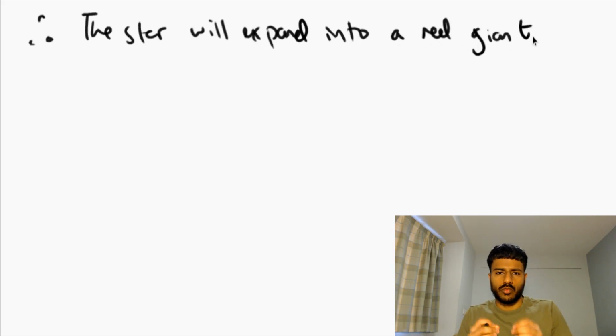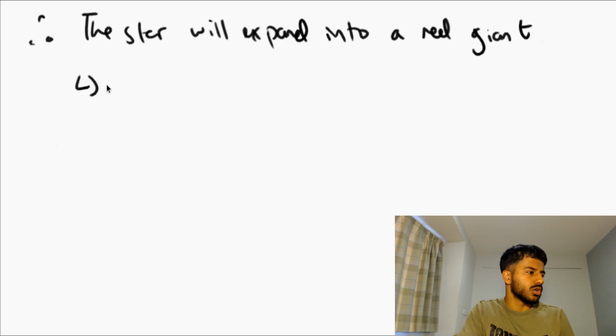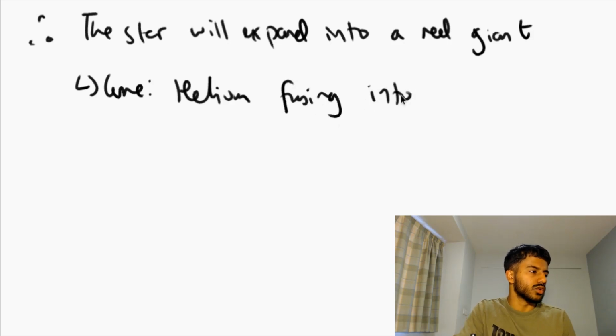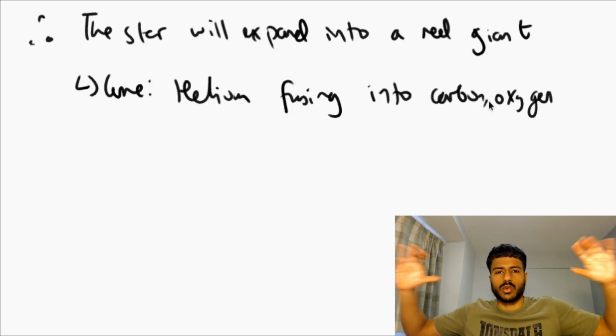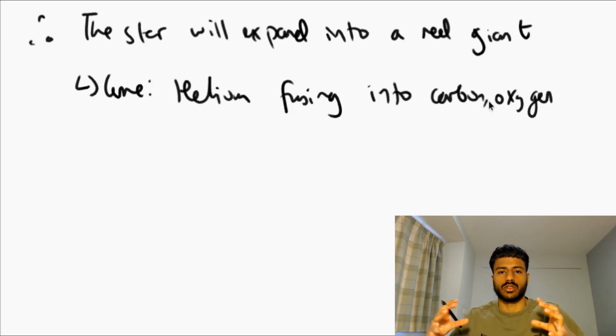Now, in a typical red giant, inside the core, you can get helium fusing into carbon and oxygen and other slightly heavier elements. As this star expands, we know that the gravitational force between everything is going to decrease.